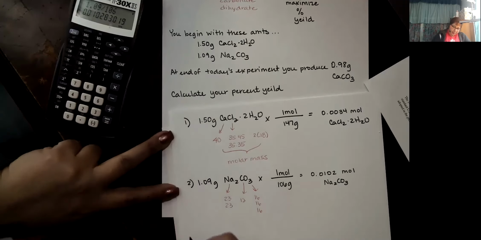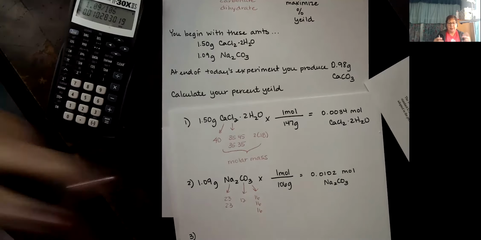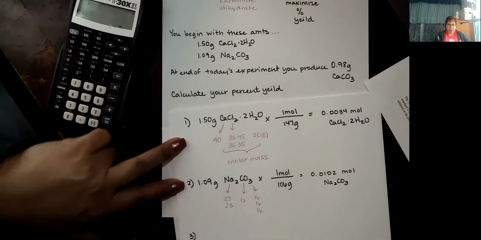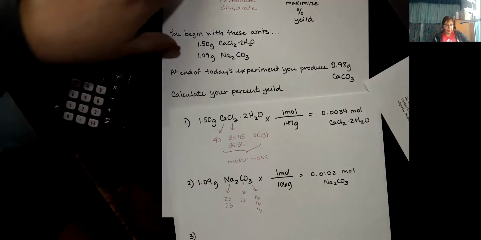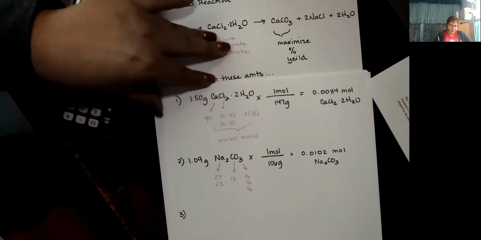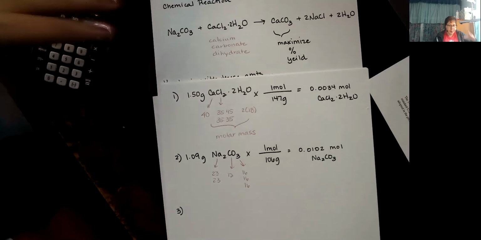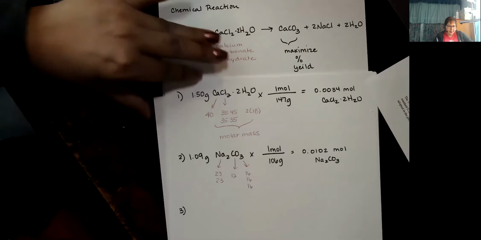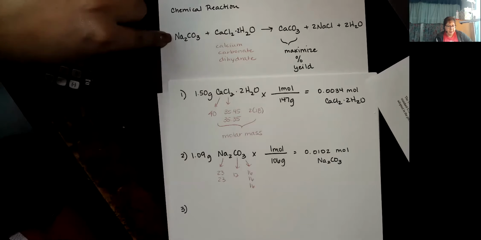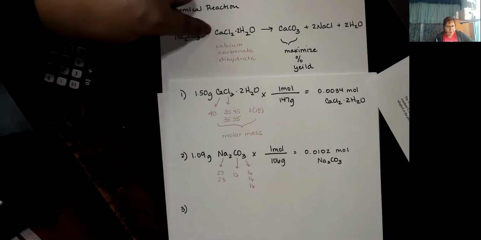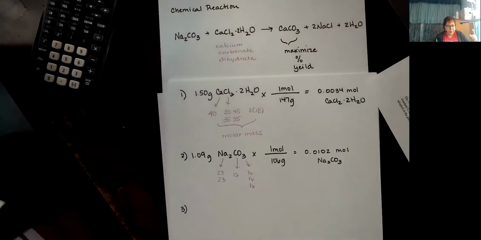So now the next step is, based on these, try and figure out how many moles of calcium carbonate I'm going to produce. So I have to look back at my balanced chemical equation. And this is going to be really nice because my coefficient here and my coefficient there is 1. My coefficient here and my coefficient there is 1.